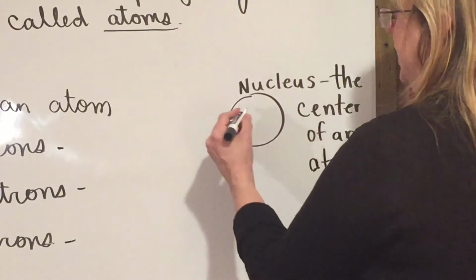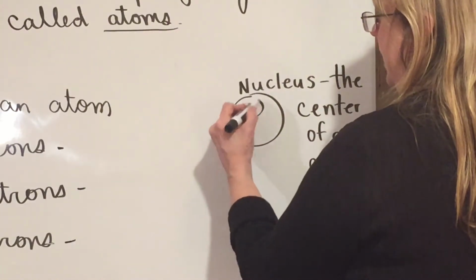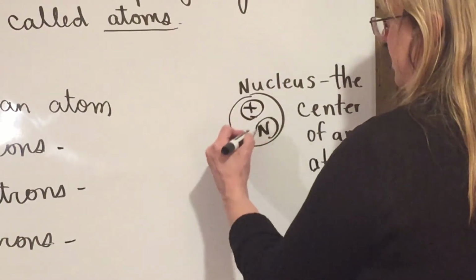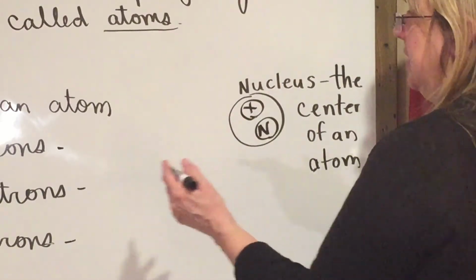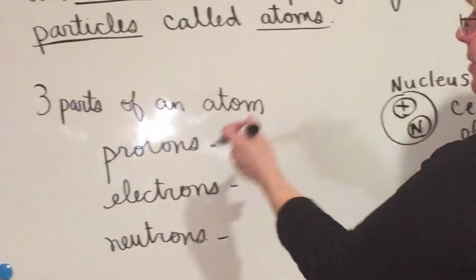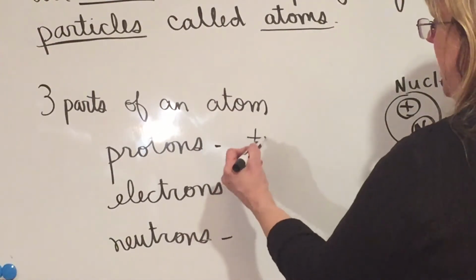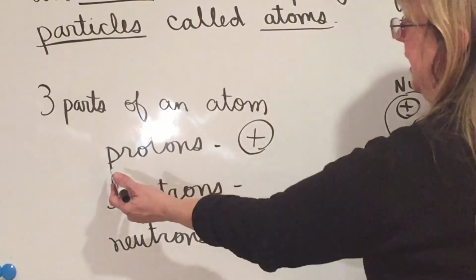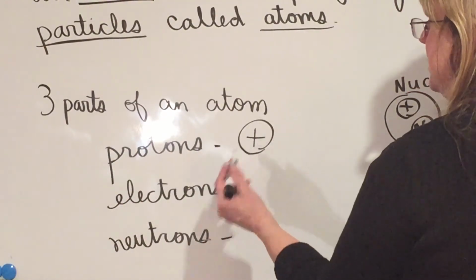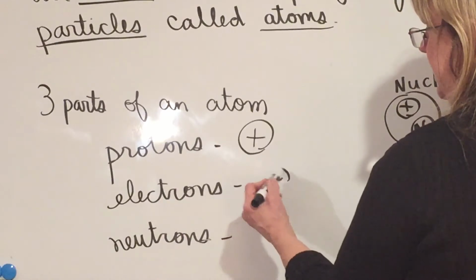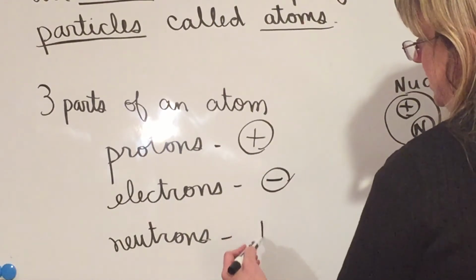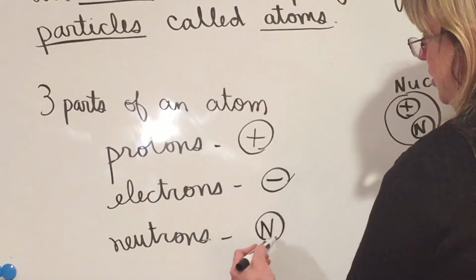So inside the nucleus are the protons and the neutrons. These 3 parts all have a charge. The charge for protons is positive, and you can think P is positive for protons. Electrons have a negative charge, and neutrons have no charge, so they're neutral.